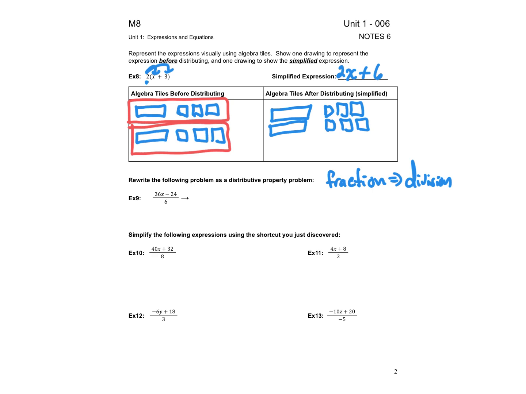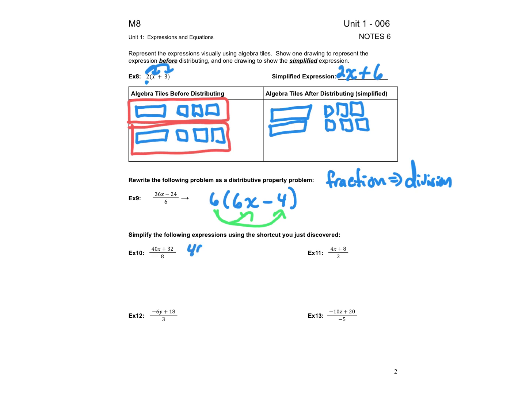So if I were to rewrite it using the distributive property, rewrite the following problem as distributive property, I'd have this: 6x minus 4. Because if I multiply this back, this would give me 36 and negative 24. So you're thinking about it as division.